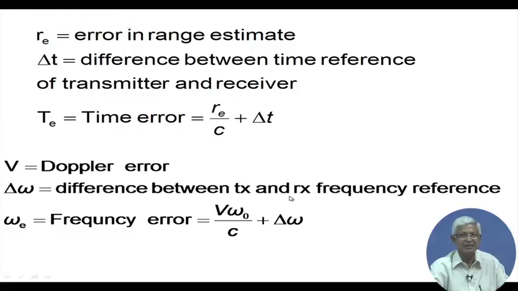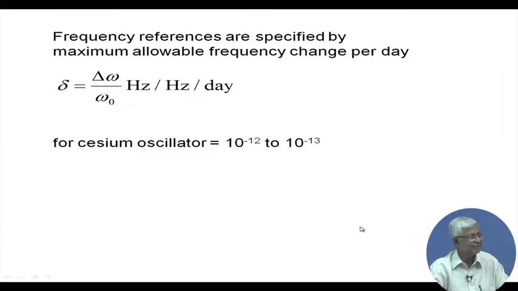As I said, in case of time there is a frequency reference which may have some difference, and so omega e, the frequency error, is the Doppler v omega naught by c plus delta omega. It could be plus or minus, depending on which direction it is going.